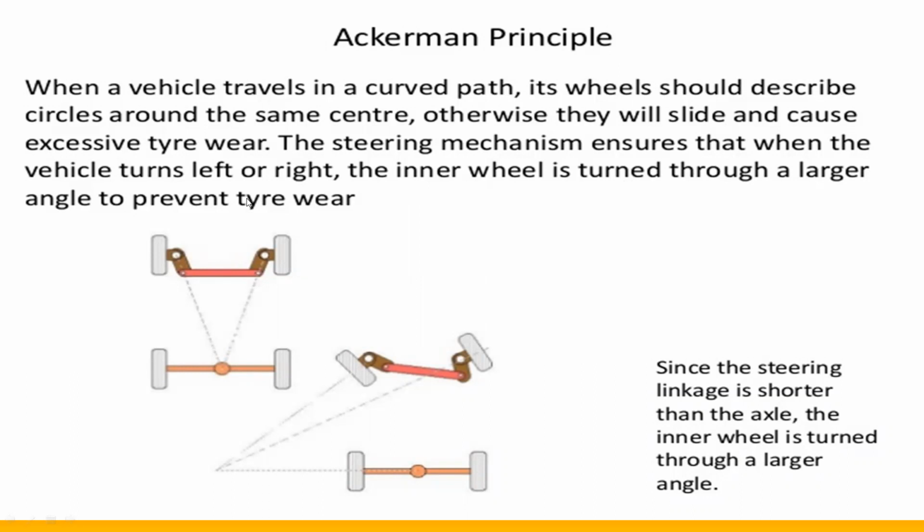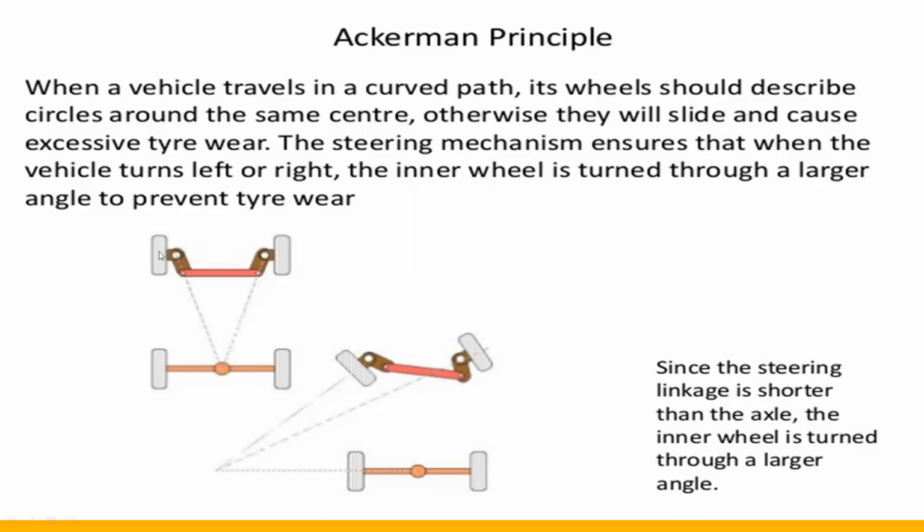The inner front wheels turn a larger angle to prevent tire wear. So that is the Ackermann principle. Since the steering linkage is shorter than the axle, the inner wheel is turned through a larger angle compared to the rear wheels.